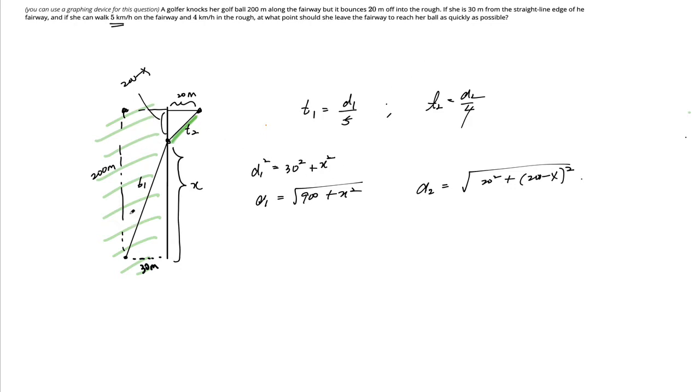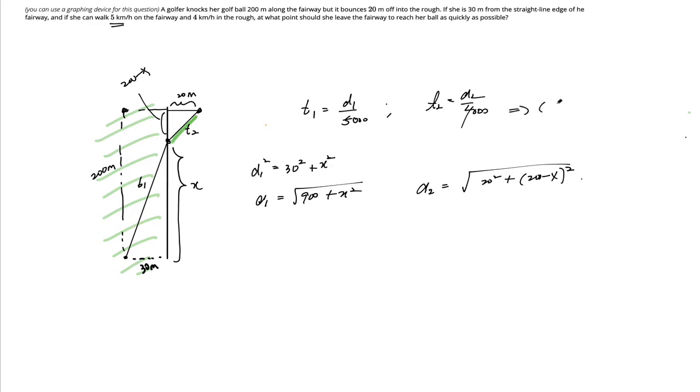Now, because the speeds are given in kilometers per hour, we can either change this into meters or change this into kilometers. So let's change that into meters. Instead of 5 kilometers per hour, we can say it's 5,000, and 4,000 meters per hour.